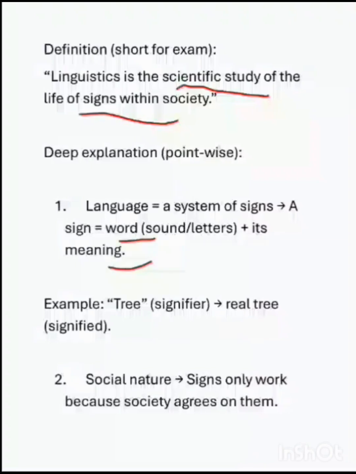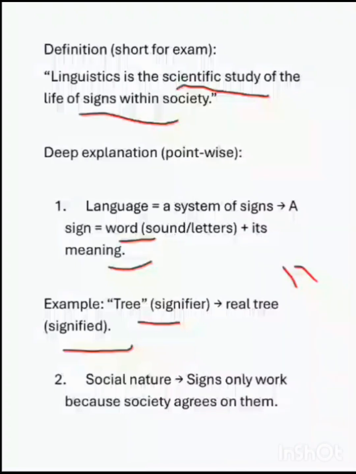For example, the word tree is a signifier. The actual word is the signifier, and by hearing that word, the mental concept which occurs in our mind is the signified.